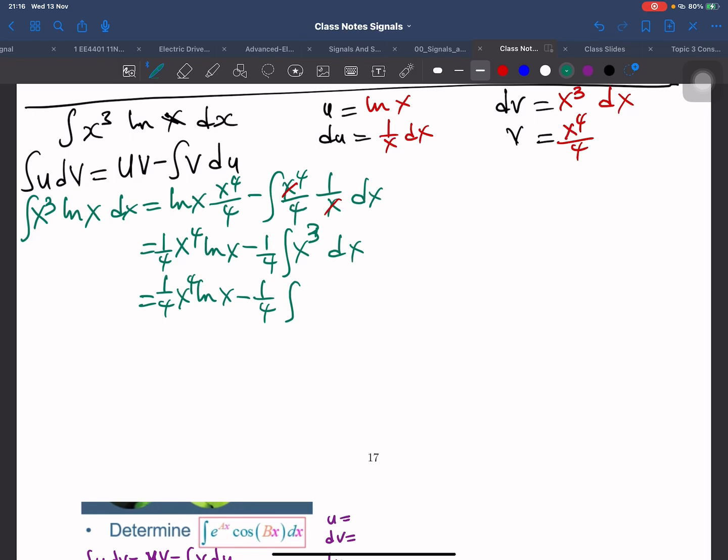If you integrate x cubed, we now have x raised to the power 4 over 4. So we now combine like terms. We now have 1 over 4 x raised to the power 4 ln x minus 1 over 16 x raised to the power 4. So that's the final answer.